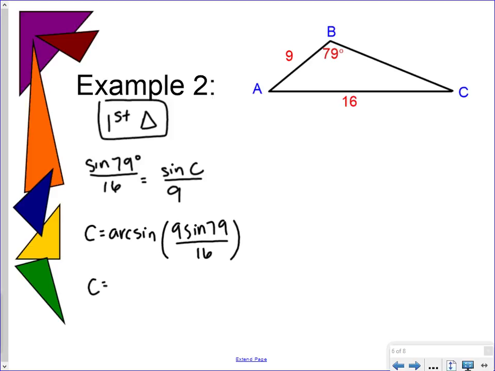Did anybody get an angle measure for C yet? 33.52 degrees.